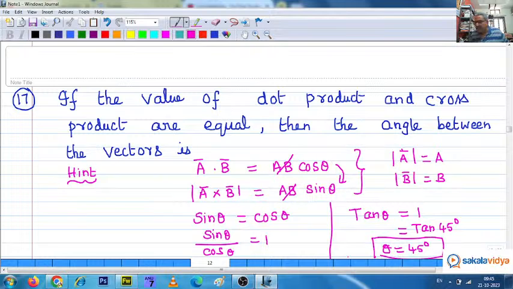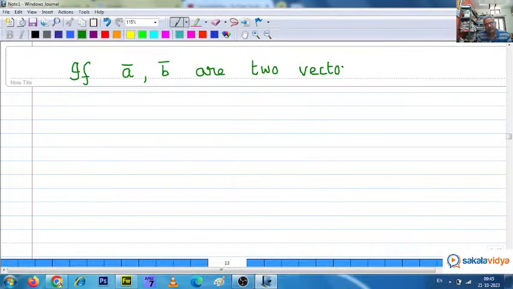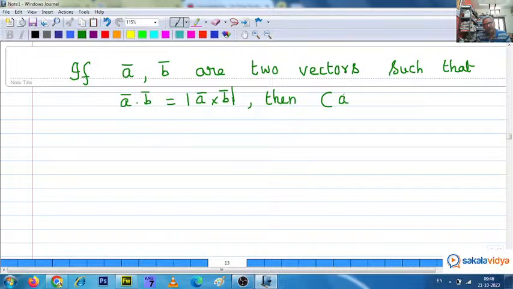So hereafter you remember one thing, very very important. Suppose A bar, B bar are two vectors such that A dot B is equal to modulus of A cross B, then the angle between A bar, B bar, that is theta, is equal to, very very important, 45 degrees.